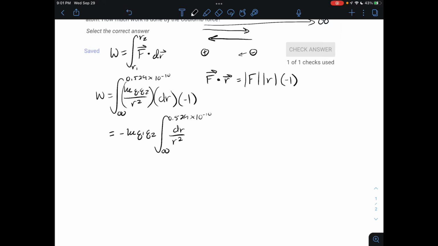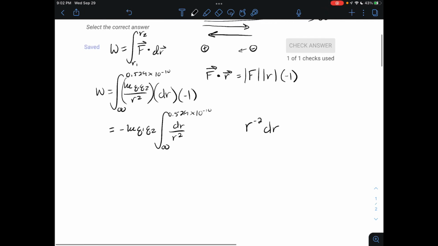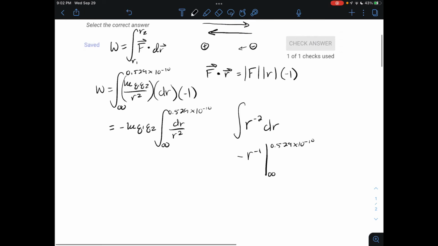Now this is a bit simpler of an integral. We can remember from our calculus class that this is now r to the -2 dr. If we're integrating that with respect to r, that's just going to be r to the -1, and that's going to be negative because if we take the derivative, we multiply by that -1. And we're evaluating from infinity to 0.529 times 10 to the negative 10th.